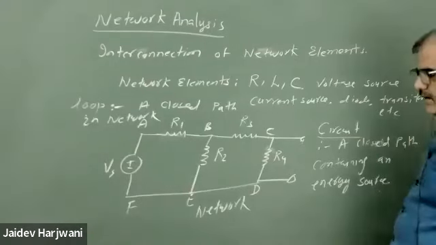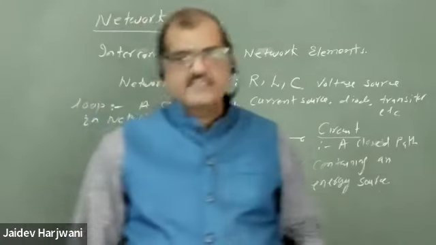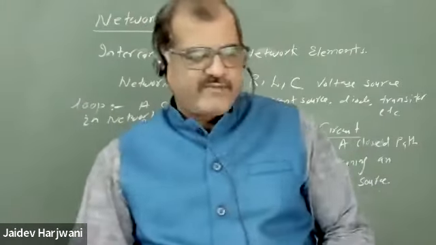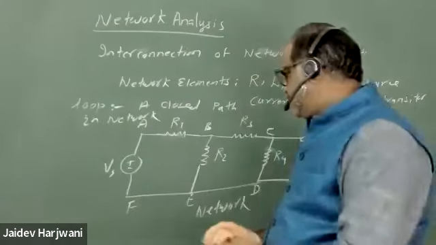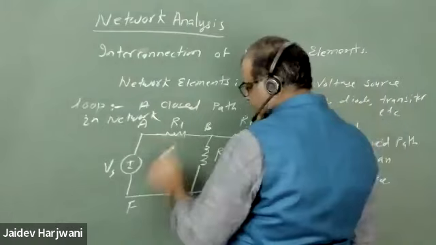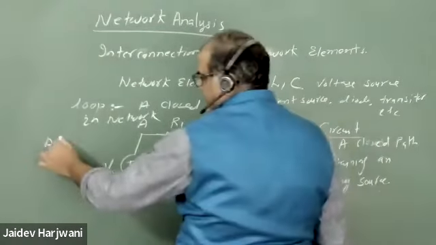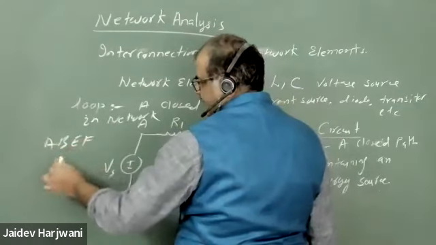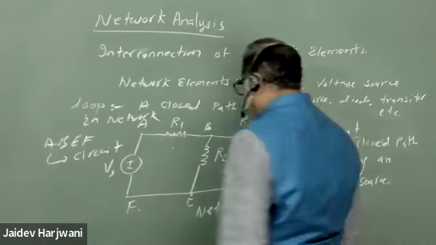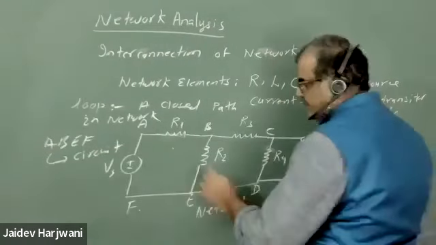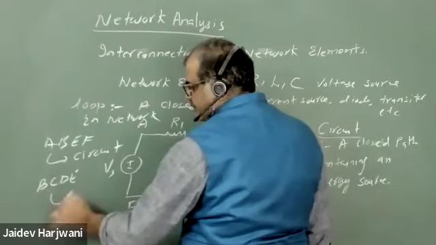Now all circuits are networks, but all networks are not necessarily circuits. For example, here this A, B, E, F is a circuit. And B, C, D, E is simply a loop, a closed loop.